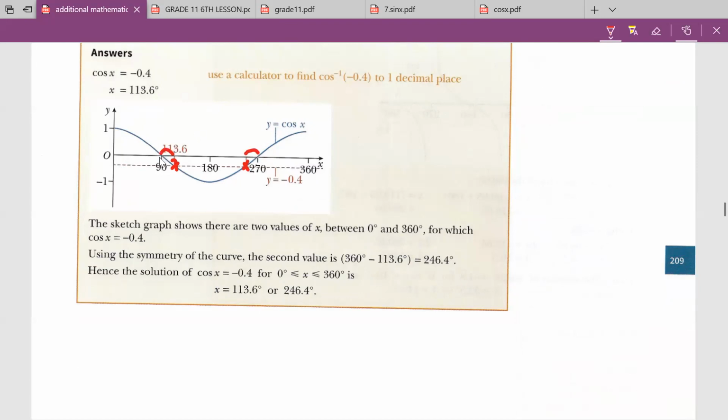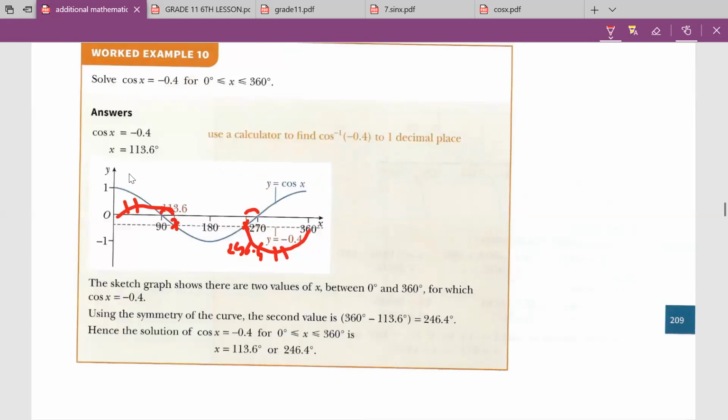The distance between 0 and 113.6 and the distance between 246.4 and 360 are equal. So you can use symmetry or the quadrant rule to solve questions.